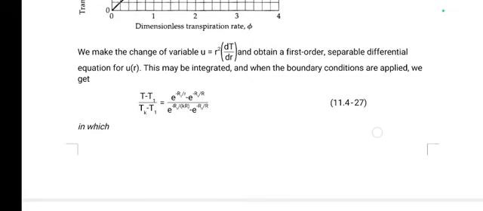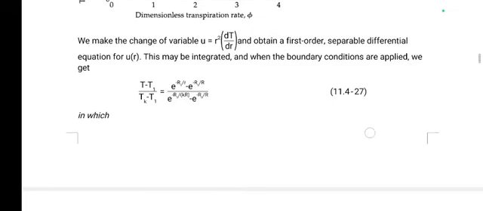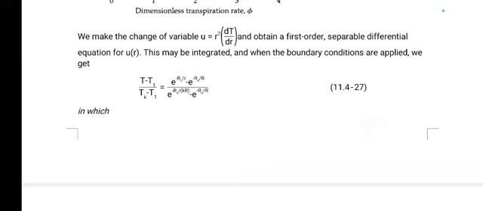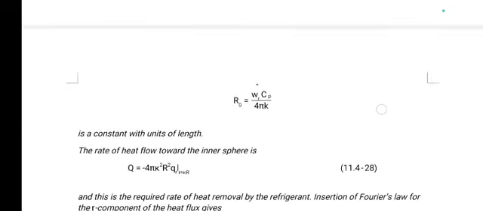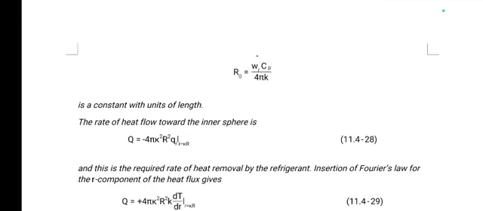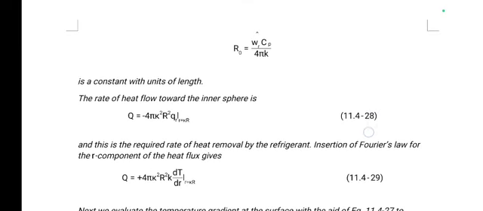This may be integrated, and when the boundary conditions are applied, we get (T minus T1) upon (Tk minus T1) equal to (e raised to power minus r naught by r minus e raised to power minus r naught by R) upon (e raised to power minus r naught by kR minus e raised to power minus r naught by R), in which r naught equal to w_r Cp upon 4 pi k is a constant with units of length.